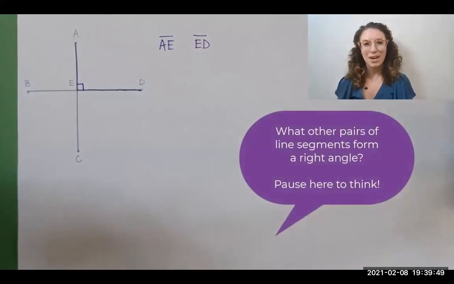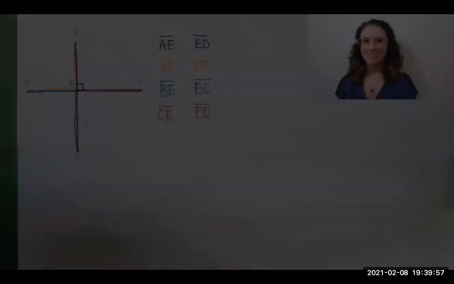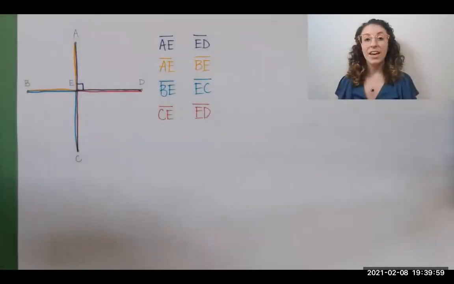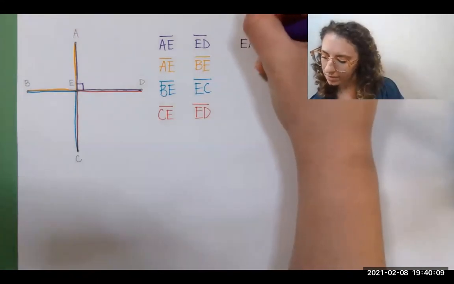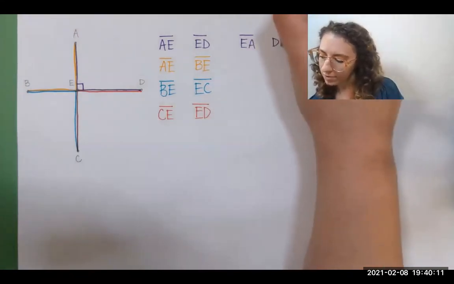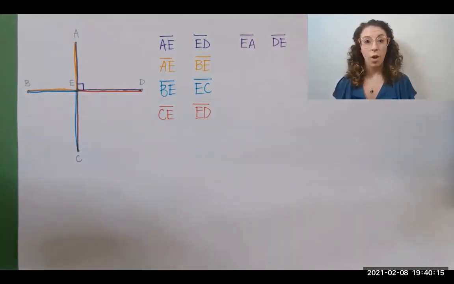What are some other pairs of line segments that make a right angle? Here are some other pairs that form right angles. Do you see the one that you found? Remember, we can name these in multiple ways. So if you said EA or DE, for example, you would still be correct.